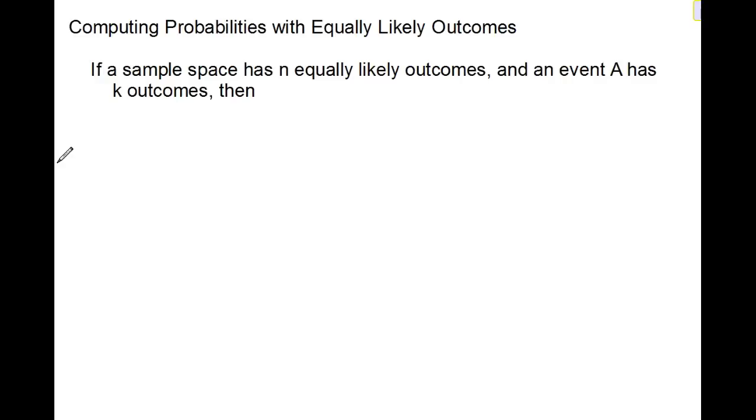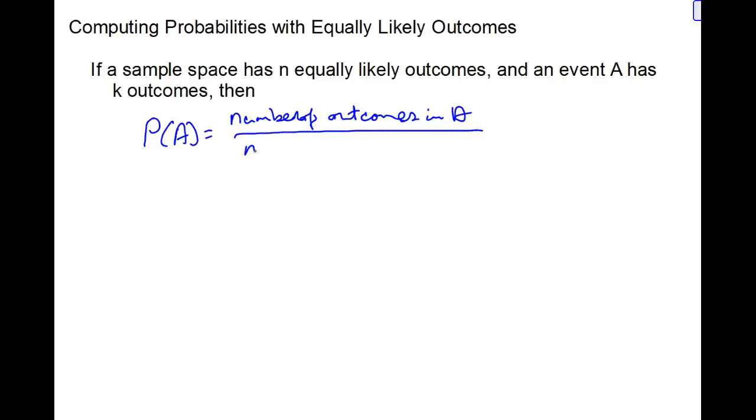And so when we're computing probabilities with equally likely outcomes, if the sample space has n equally likely outcomes and an event A has k outcomes, then we say that the probability of A, our event, is equal to the number of outcomes in A over the number of outcomes in the sample space.